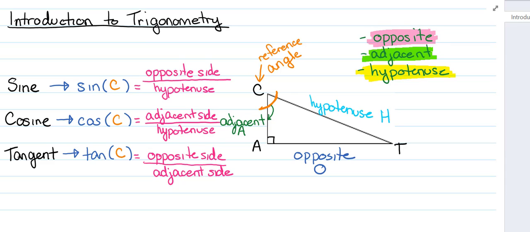Our cosine is always going to be the adjacent side over the hypotenuse. And our tangent is always going to be equal to the opposite side over the adjacent side. So as long as you know which side is opposite, adjacent, and hypotenuse, you already know how to do trigonometry.